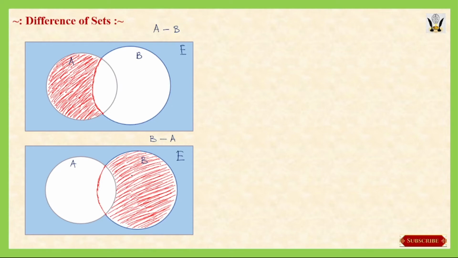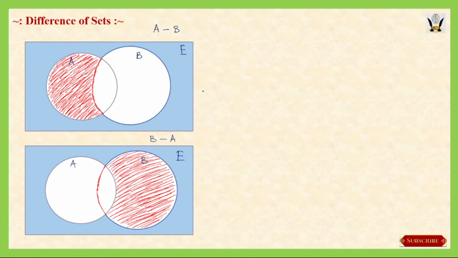This portion, shaded again in red, contains the elements that only belong to B. But all the elements in the common or overlap portion also belong to A, so we will not consider these elements. So in the Venn diagram, this shaded portion will be the result of B minus A.